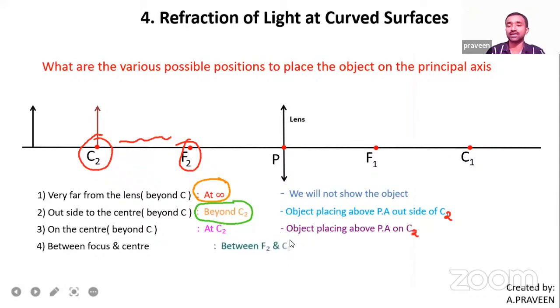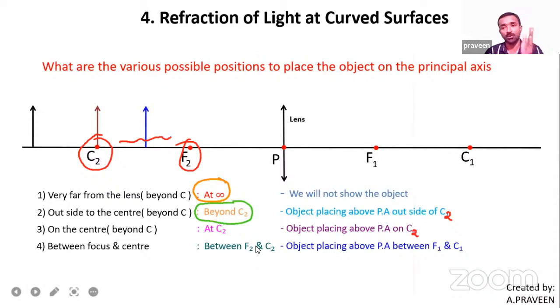So we represent it as between F2 and C2. The object is represented with an upward arrow at any place between them, above the principal axis between F1 and C1, as you see with the blue light ray.